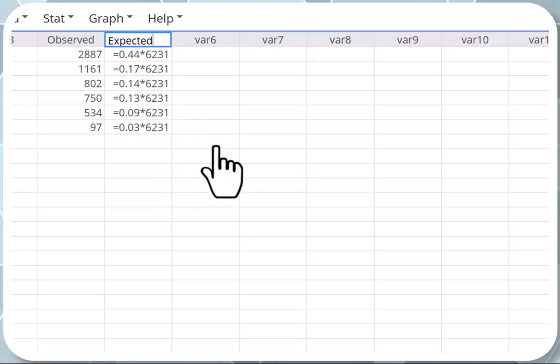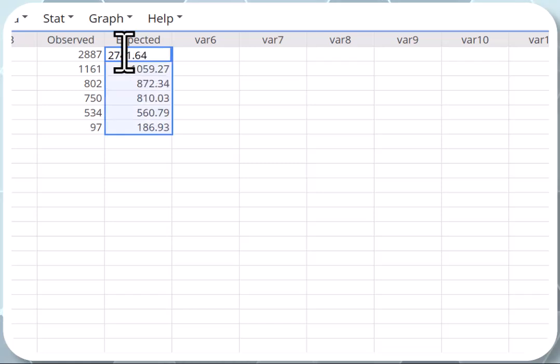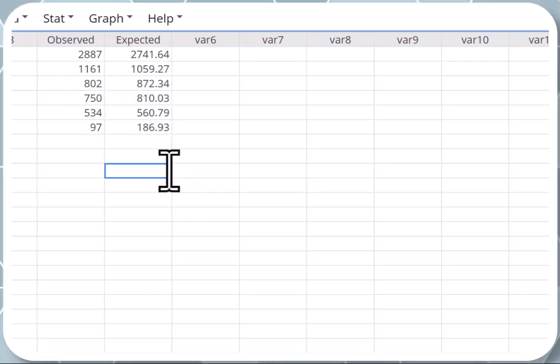Now go to a scientific calculator and multiply 0.44 times 6231, and then multiply 0.17 times 6231, 0.14 times 6231, 0.13 times 6231. You will get those values. I just did the math and I'm going to share it with you right here. This is what I got. If you multiply them, these are called the expected values.